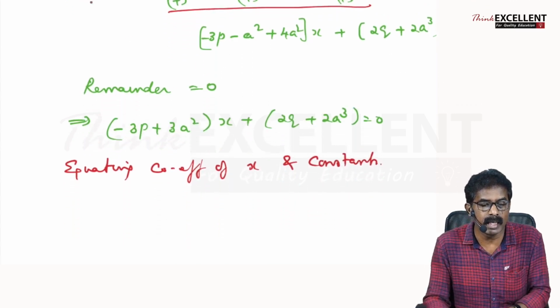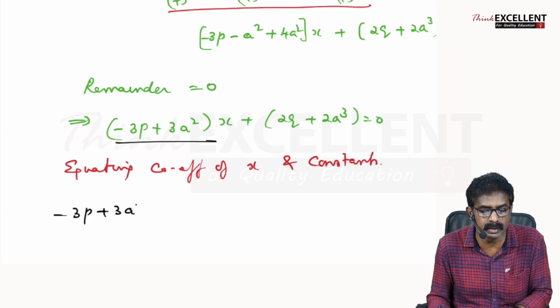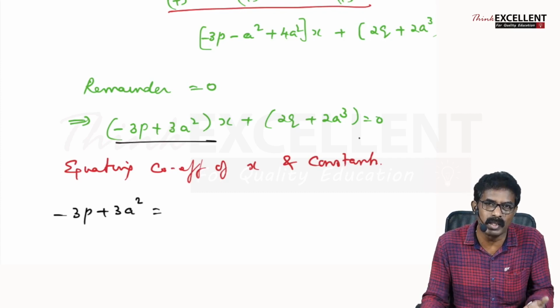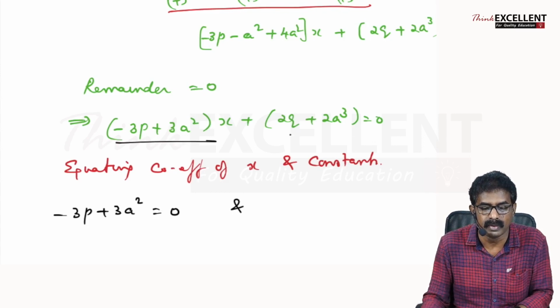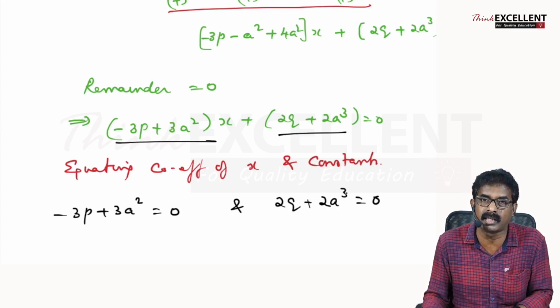First equate the x coefficients. Here the x coefficient is minus 3p plus 3a square, equal to the right side, which is 0. There is no x term, so the x coefficient is 0. And constants: this is a constant, independent of x. 2q plus 2a cube equals the right side constant, 0.